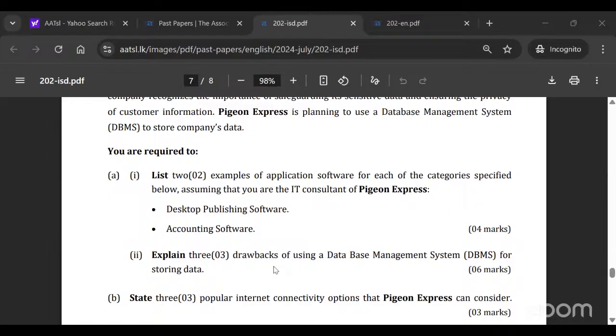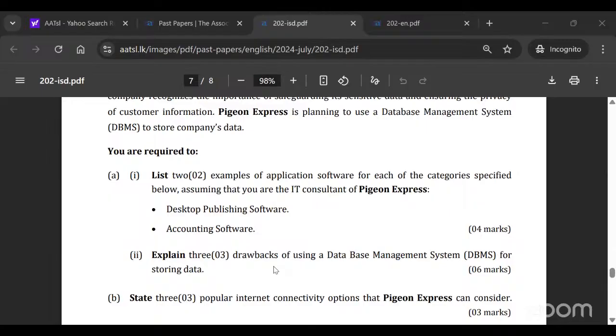List 3 risks associated with information technology on the business and operation of Pigeon Express. What are the risks? Cybersecurity threats. Pigeon Express faces the risk of cyber attacks such as hacking, data breaches, or ransomware that can compromise sensitive customer and company data, leading to loss of trust and potential financial penalties.